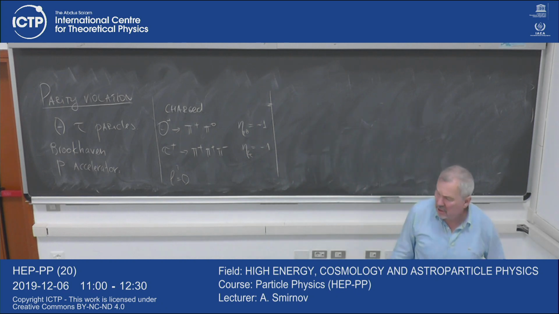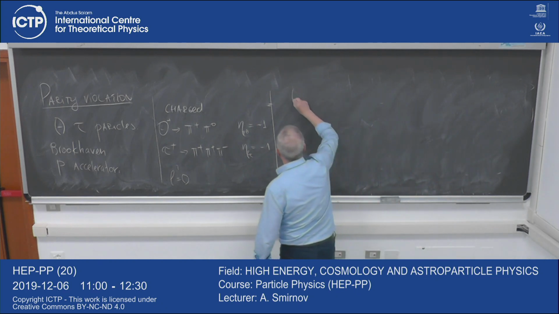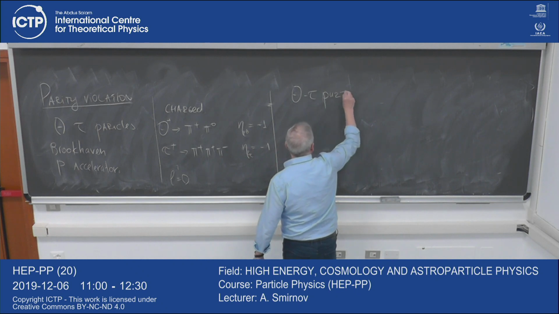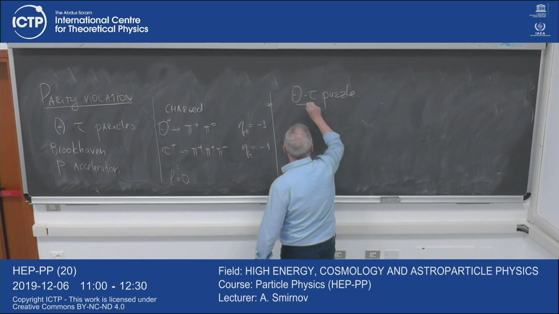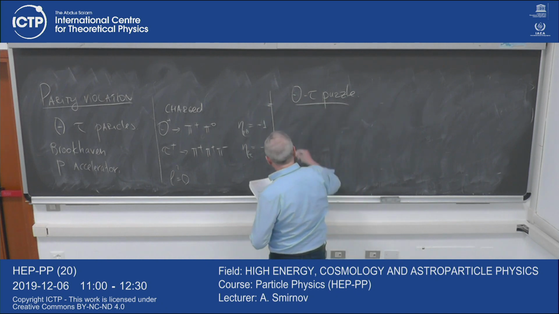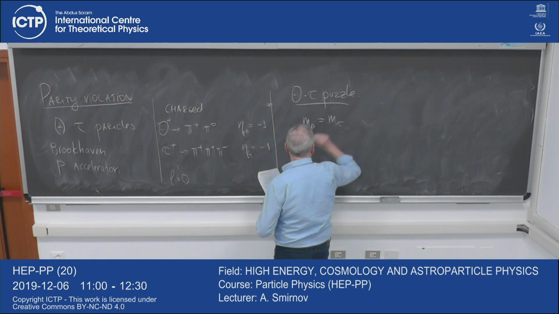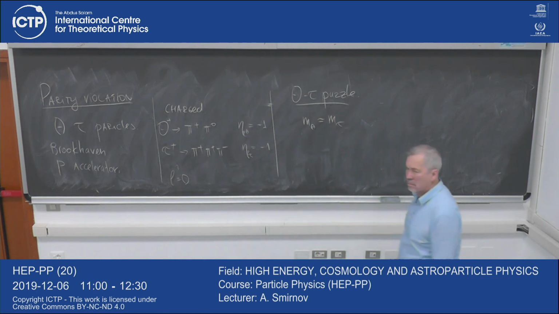The puzzle, what is called the theta-tau puzzle, is that the masses of these particles were equal within the experimental accuracy.